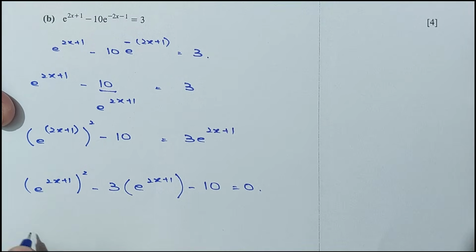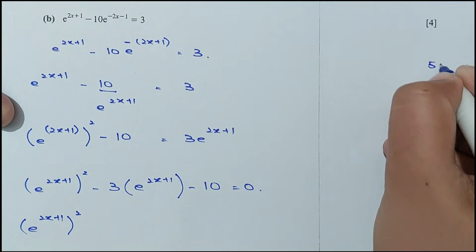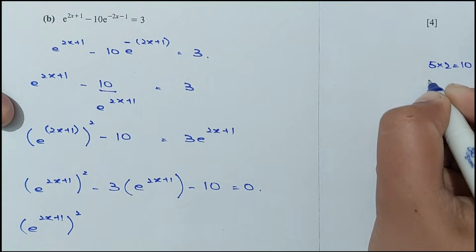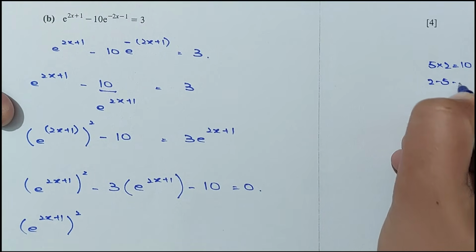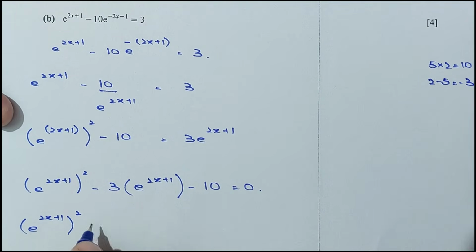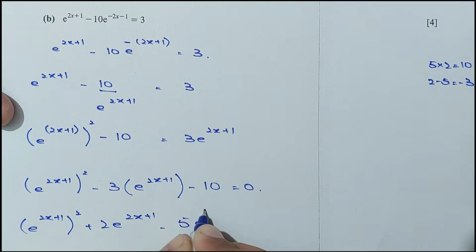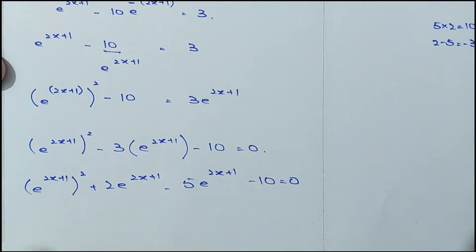So e to the power 2x plus 1, its whole square. 2 times 5 is 10, 5 times 2 is 10, and if I do 2 minus 5, this is negative 3. Let's break into 2 and minus 5: 2 e to the power 2x plus 1 and minus 5 e to the power 2x plus 1, minus 10 equals 0. All right, let's take e to the power 2x plus 1 common.